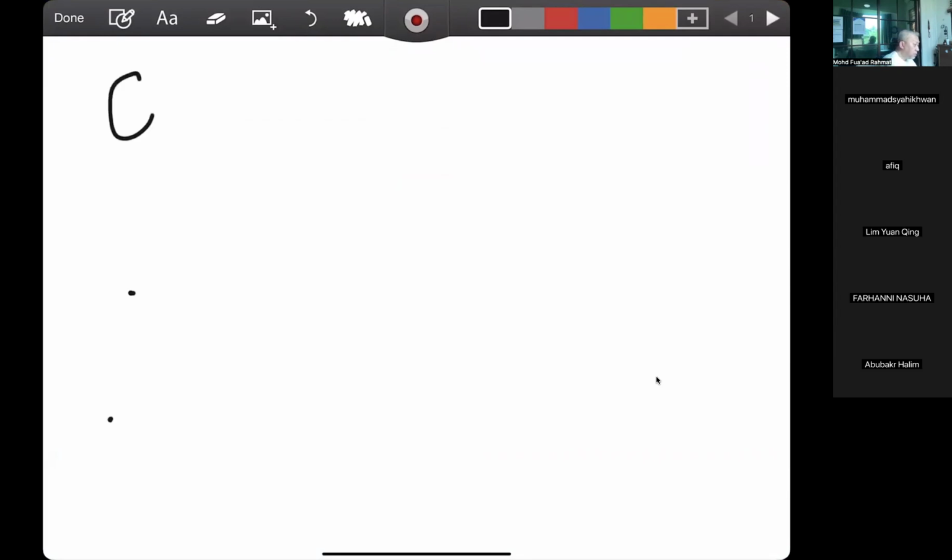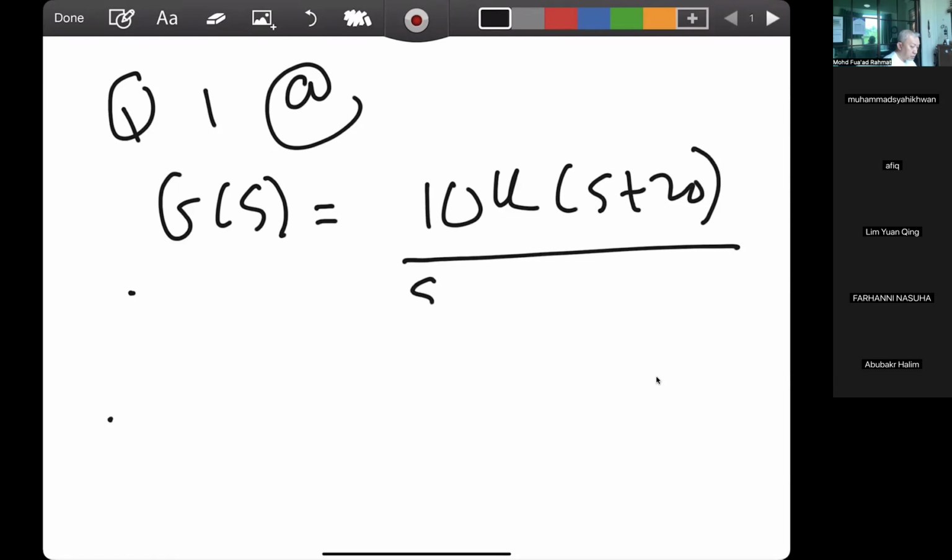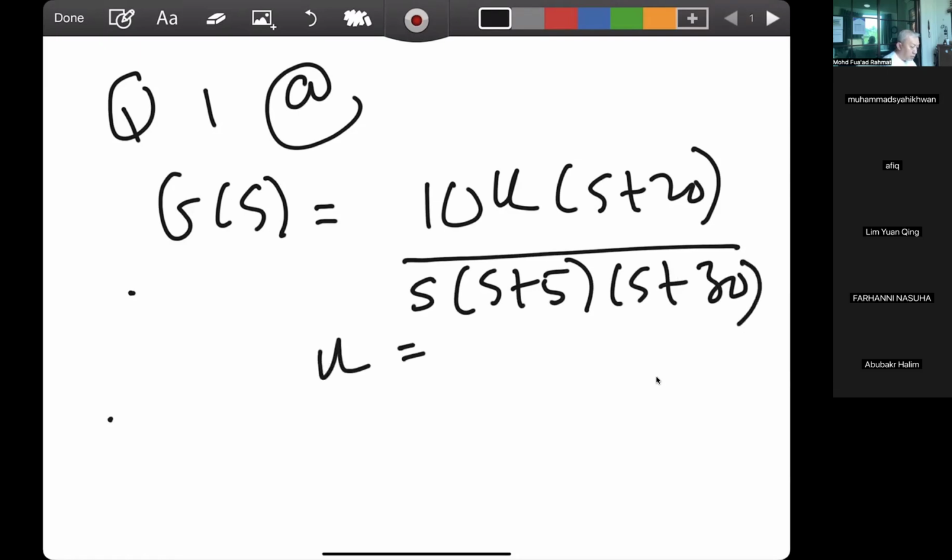So we move to Q1, where you are given K as 3.